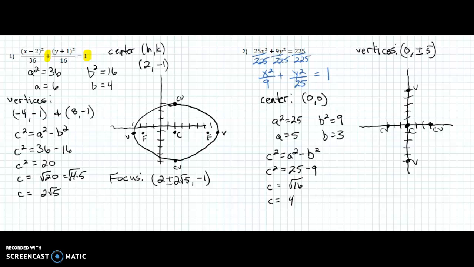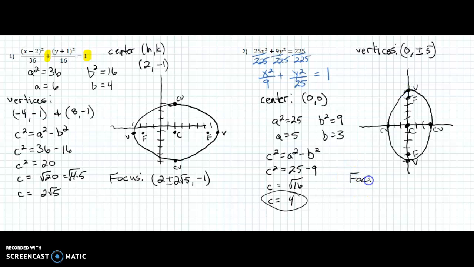And then my focus I find from counting the same direction as the vertex, or the vertices. So my focus uses a distance of 4, and I'm going to count up from the center, 1, 2, 3, 4. 1, 2, 3, 4, down the other way. And then when you sketch these, make sure you sketch them through the vertices and the covertices, not through the focus. And there you have your ellipse.